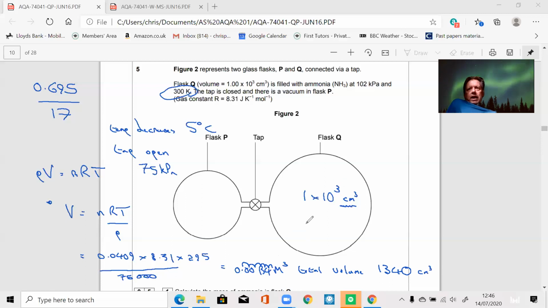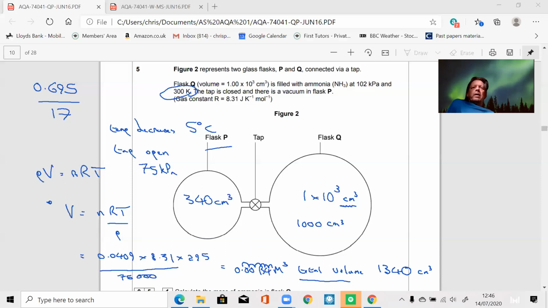This is the same as 1,000 centimeters cubed. So the volume of flask P must be 1,340 minus 1,000. That's the total volume. That's the volume of flask Q. So this is 340 centimeters cubed.